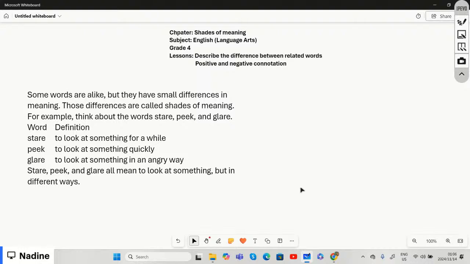Our subject is English language arts. We're doing grade 4. And the lessons that we are focusing on under the chapter of shades of meaning are to describe the difference between related words as well as positive and negative connotation.